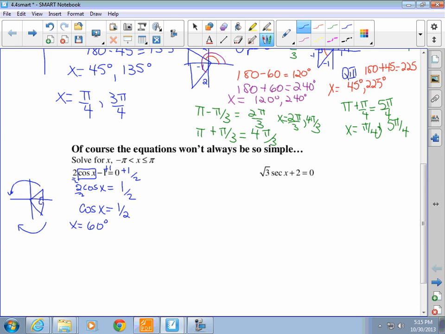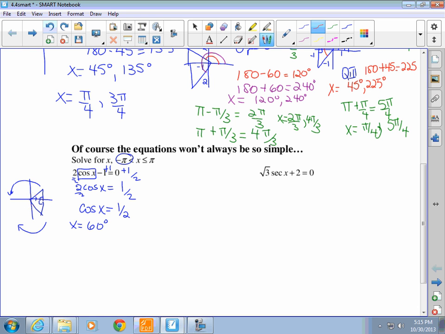So when I'm doing my calculation, I know right off the bat this one here is 60 degrees. So that is one of my values. My other one then, and this is where this negative pi comes into play, because I'm not looking for this angle, because that would be more than a positive pi.